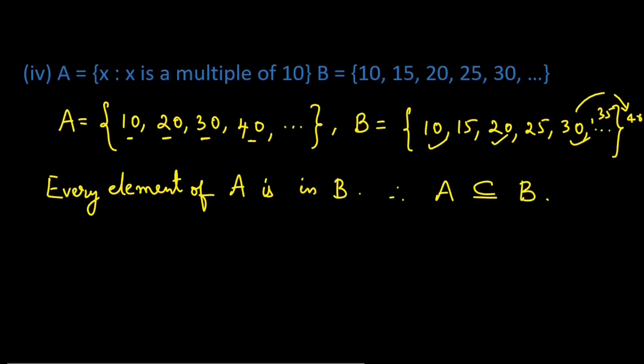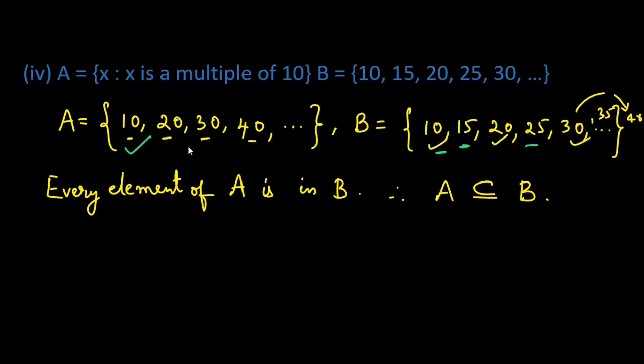Now let us check whether B is a subset of A. So let us check whether all the elements of B are elements of A or not. We have 10 here, here we have 10, here we have 15, but in A there is no 15.